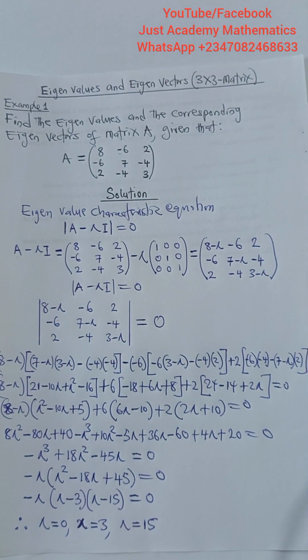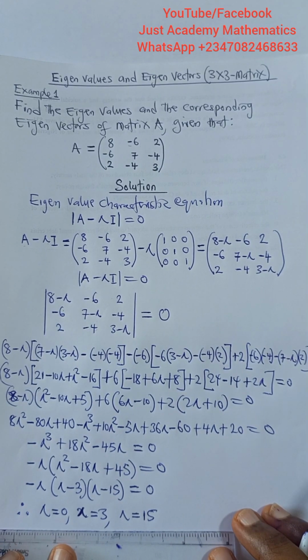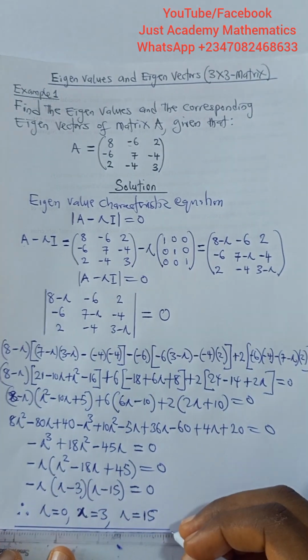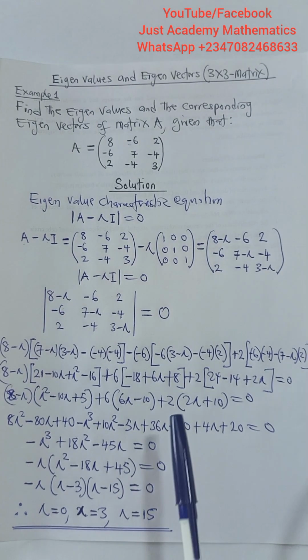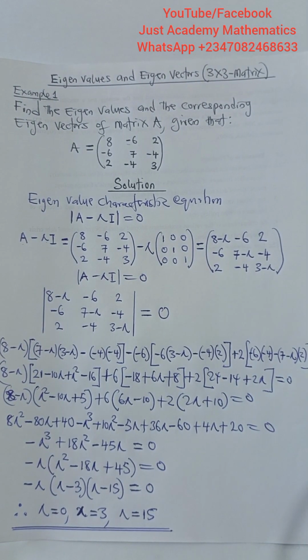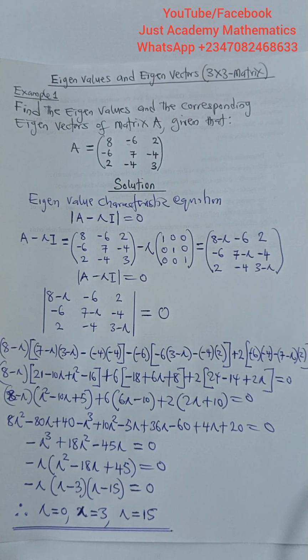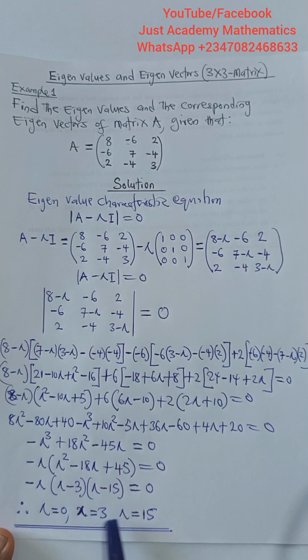The eigenvalues are 0, 3, and 15. Can you see? It's the same procedure. But that is not where the work is. The work is in finding the eigenvector for each of them.